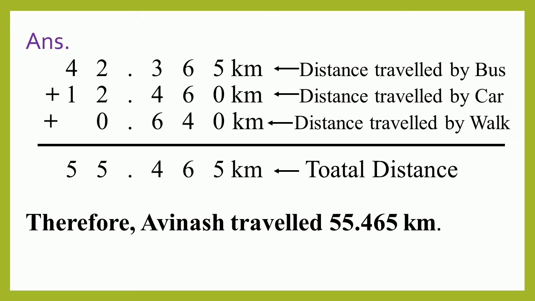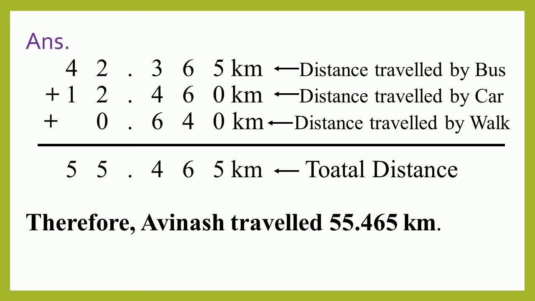So 2 plus 2 is 4, plus 0 is 4, plus 1 is 5, and then 4 plus 1 is 5. So the total distance is 55.465 kilometer. Therefore Avinash travelled 55.465 kilometer.